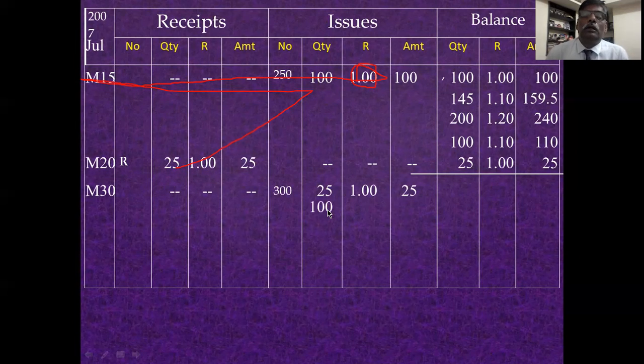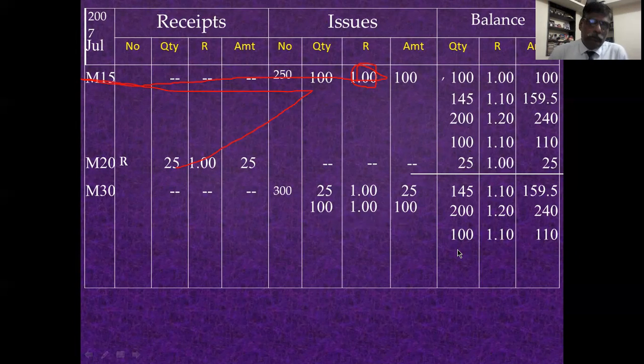Then next is 100 at the rate of 1, 100. 125 completed. Write the balance: 145 at the rate of 1.10, 159.50, 200 at the rate of 1.20, 240. Then 100 at the rate of 1.10, 110. These are the balance quantities.